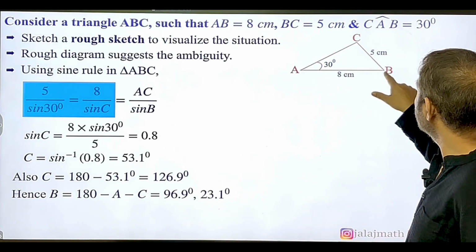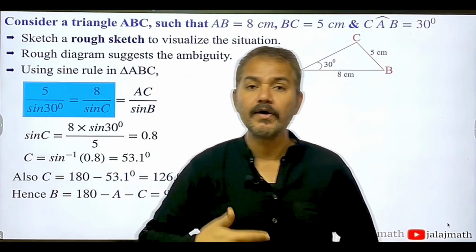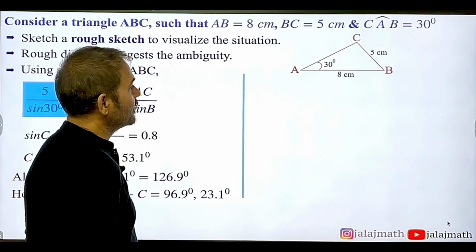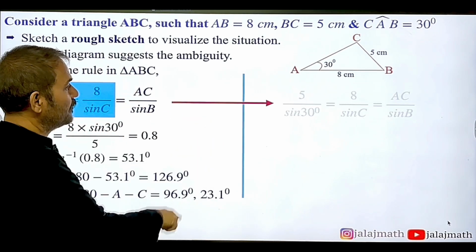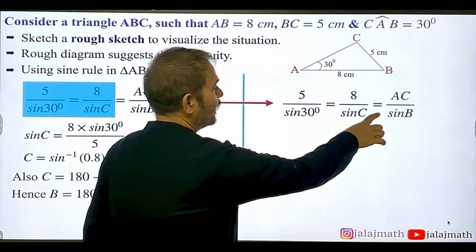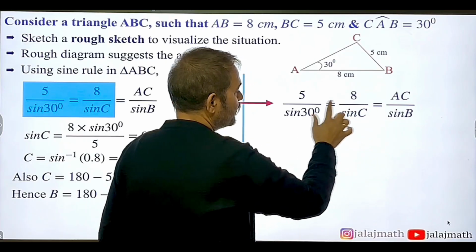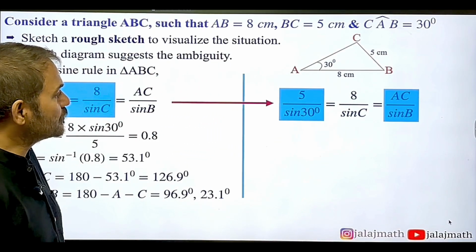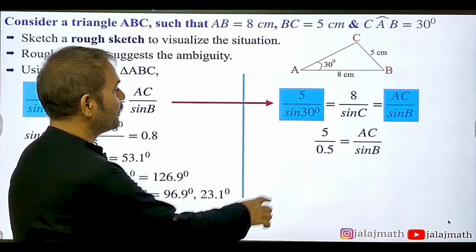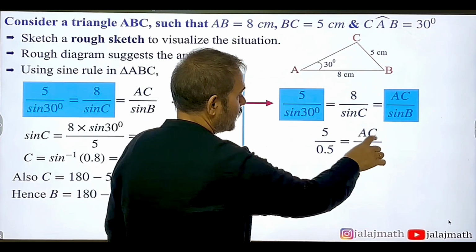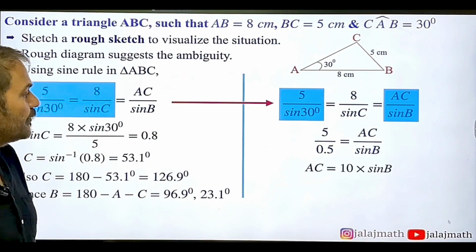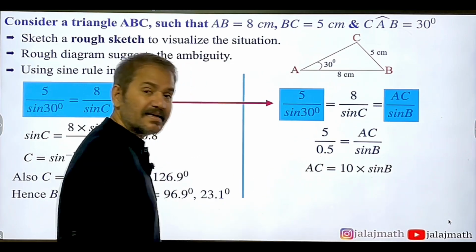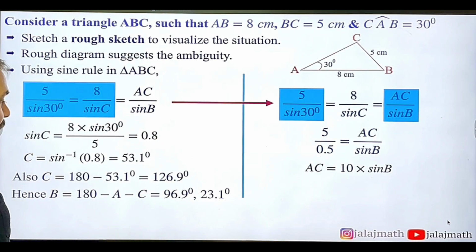Since we have the angle opposite to side AC, we can again use the sine rule to find the length AC. Angle B is known, so we can use the first and third ratios. Comparing these two, 5 upon sine 30, which is 5 over 0.5, is AC over sine B. So AC is equal to 5 times 2, which is 10 sine B. Now B has two answers.